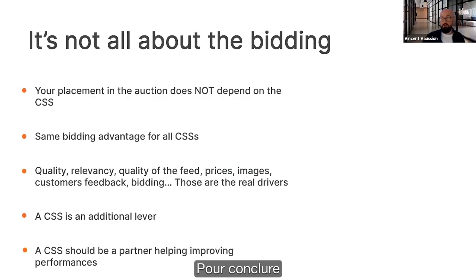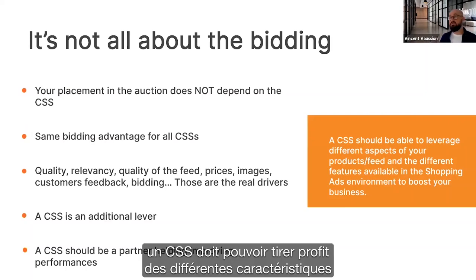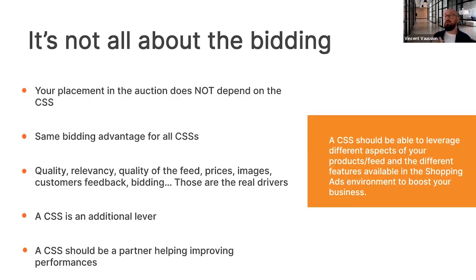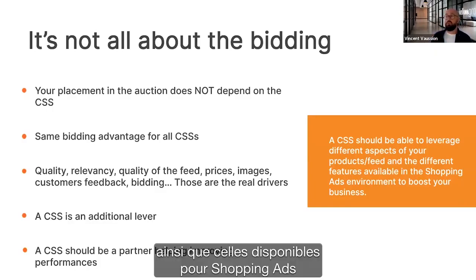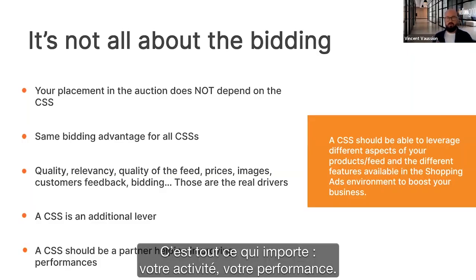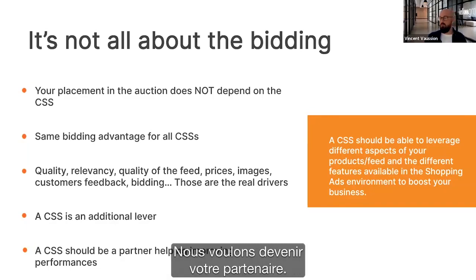So in conclusion, a CSS should be able to leverage different aspects of your product and of your feed and the different features available in the shopping ads environment to boost your business. This is what it's all about: your business, your performance. And our philosophy at Kelkoo is that we need to be more than a bidding advantage. We need to be a partner.